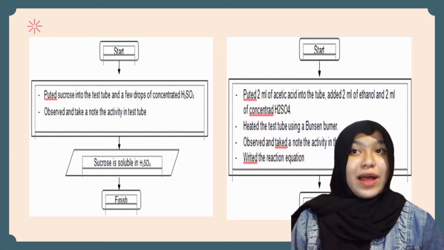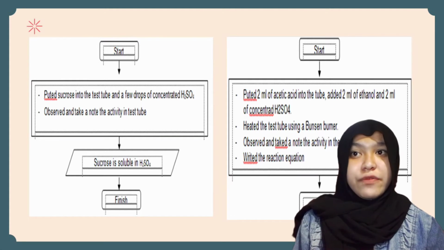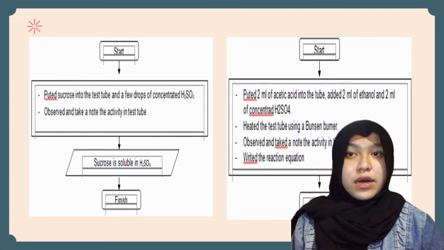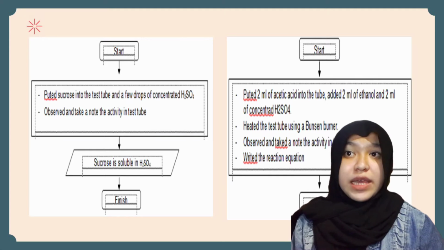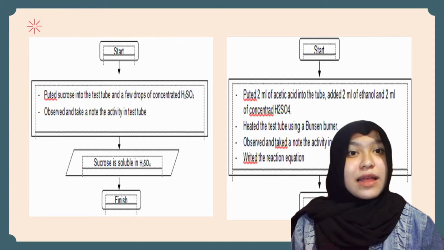Next, method 1: start. Next, put sucrose into the test tube and a few drops of concentrated H2SO4. Observe and take note of the activity in the test tube. Next, the sucrose dissolves in H2SO4, and finish.